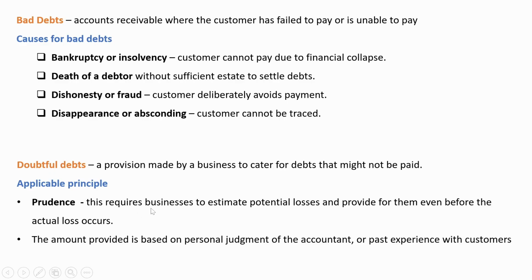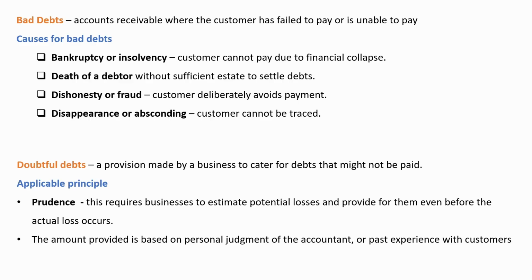This requires businesses to estimate potential losses and provide for them even before the actual loss occurs. Maybe the customer has not refused to pay, but time is running out. You are seeing some signs that the customer may not pay. So it is only prudent for you to assume there is a probability that the customer will not pay.